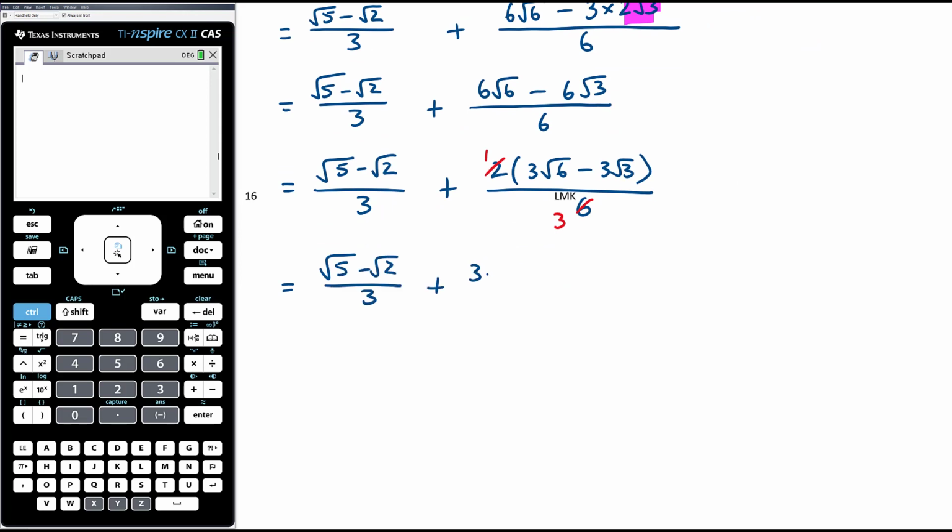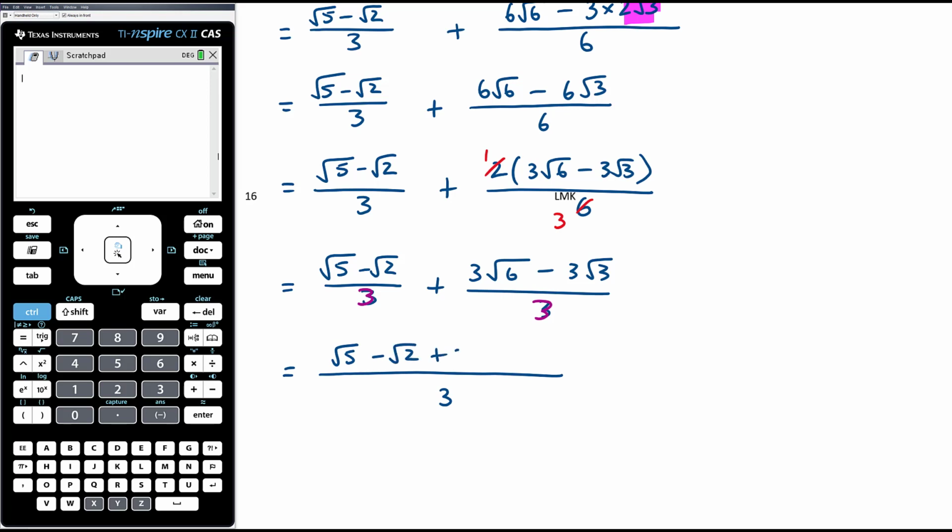But what I'm doing is I'm getting the common denominator. So that now we've got this nice common denominator here, and so we can add these together. So we've now got all of that over 3. We've got root 5 minus root 2 plus 3 root 6 minus 3 root 3. Any like terms? Nope, no like terms there, so we're all done.